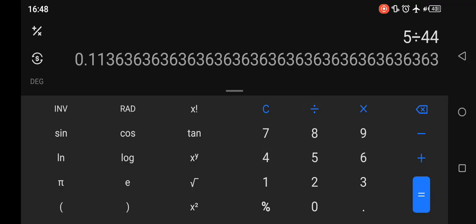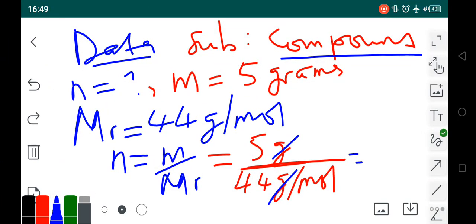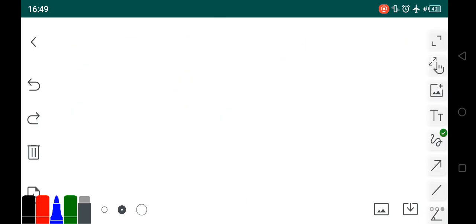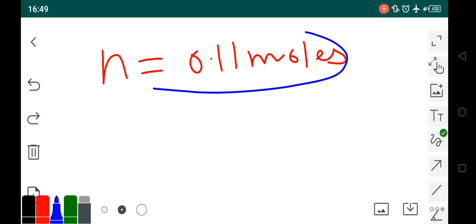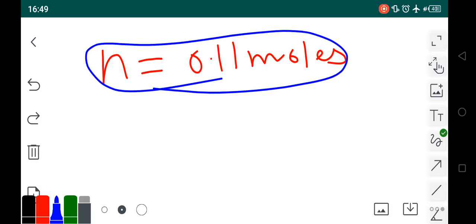We're going to have an answer of 0.11. Therefore, the number of moles is just 0.11 moles. So this is the number of moles.